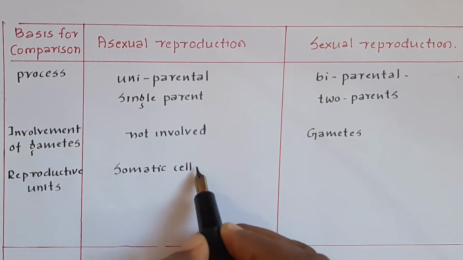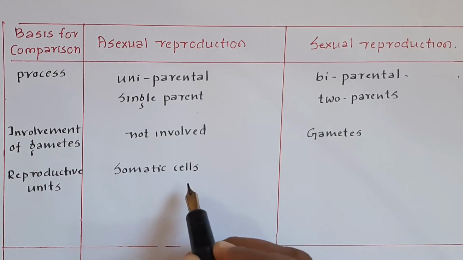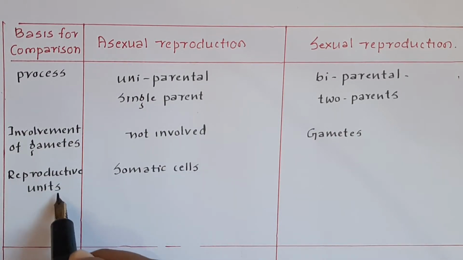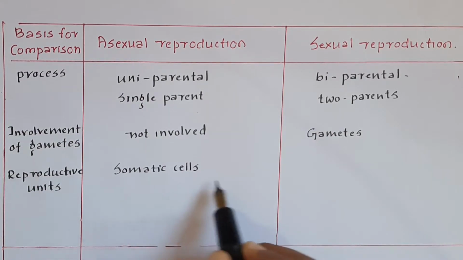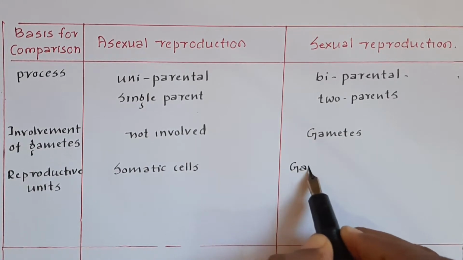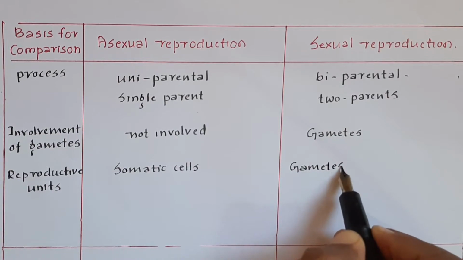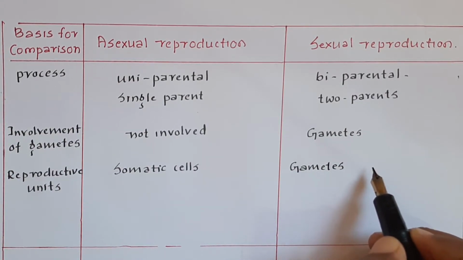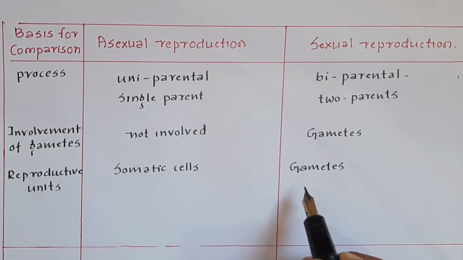So here, somatic cells acts as reproductive units during asexual reproduction. But here gametes acts as the reproductive units during sexual reproduction. It is the most important character.